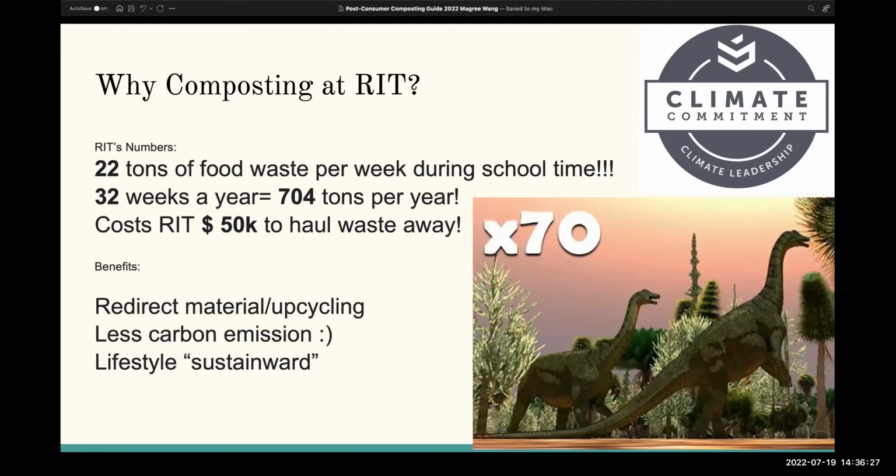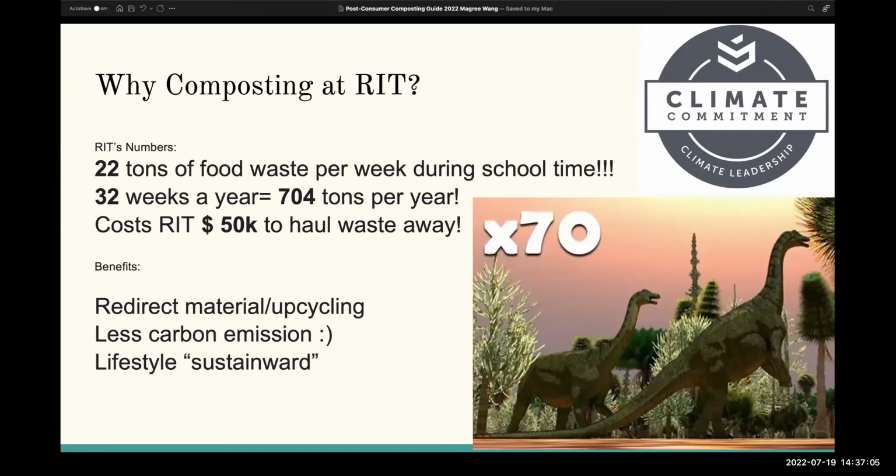Some of the benefits we can have from redirecting that waste are obviously material upcycling, and it can be used for many different purposes, mostly fertilizer and planting. We have a community garden on campus, and talking to Enid, we're thinking of mostly using the soil that we generate on campus, that we're not really going to sell or redirect to other locations.